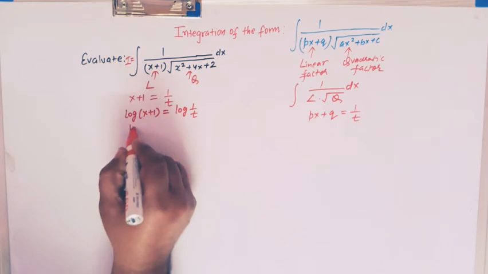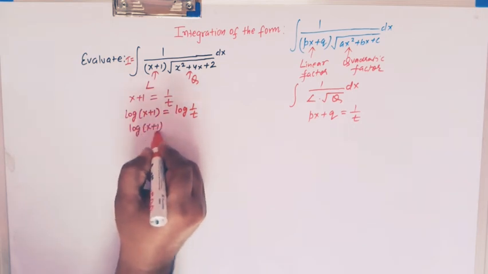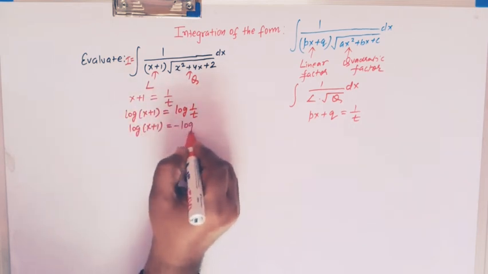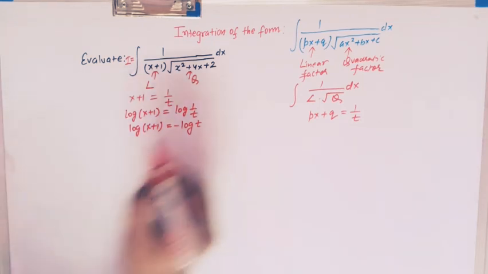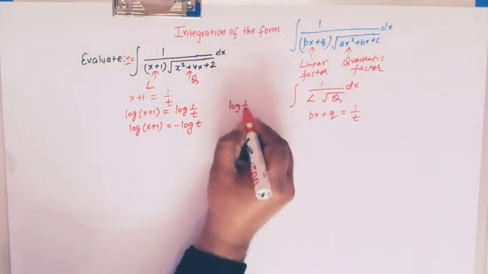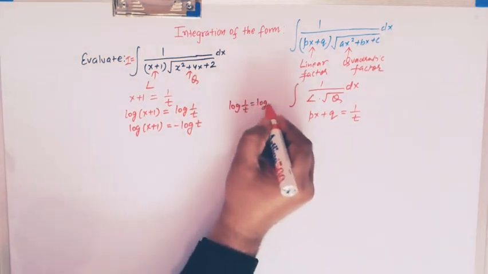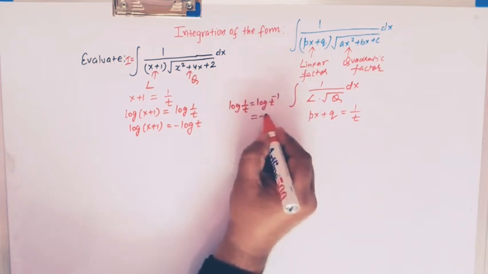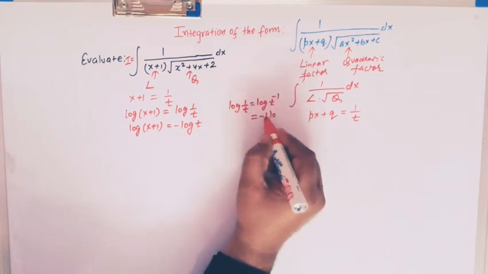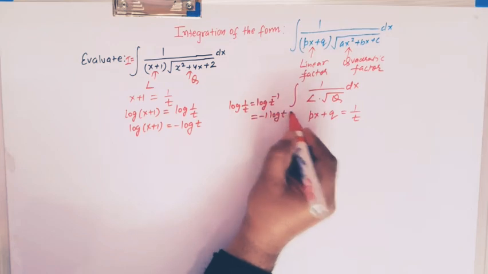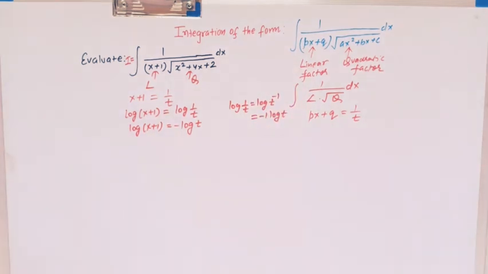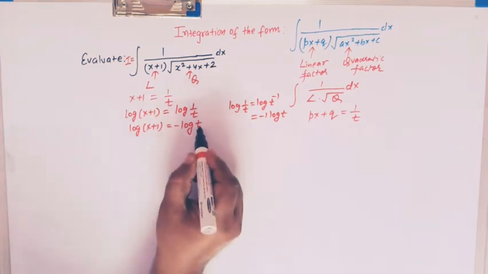So this is log of (x plus 1) is equal to minus log t, because log 1 over t is log t raised to minus 1, and we have minus 1 times log t. So we have log (x plus 1) is equal to minus log t.